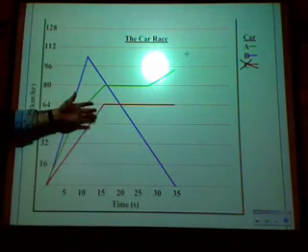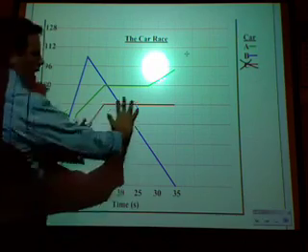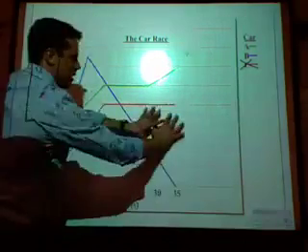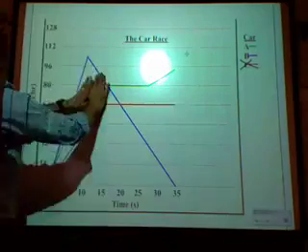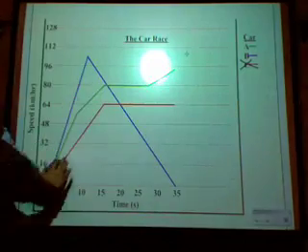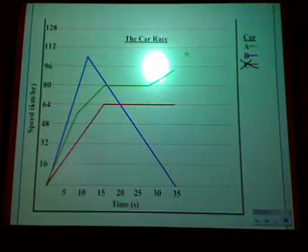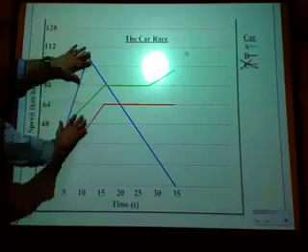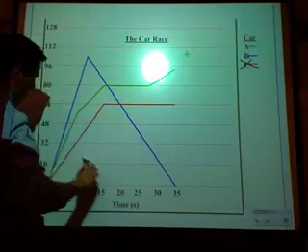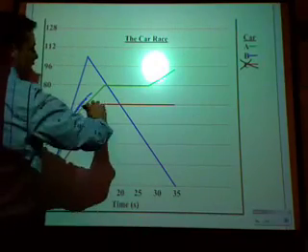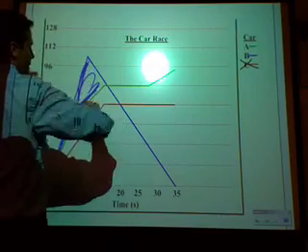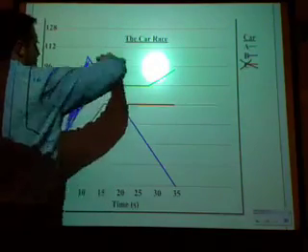Think of these as three different houses. A red house with all of this space here, a blue house with all of this space in here, and a green house with all of this space. Now can you tell which one won? Well, look at the blue house. The blue house has all of this stuff in here that's above the green, right?